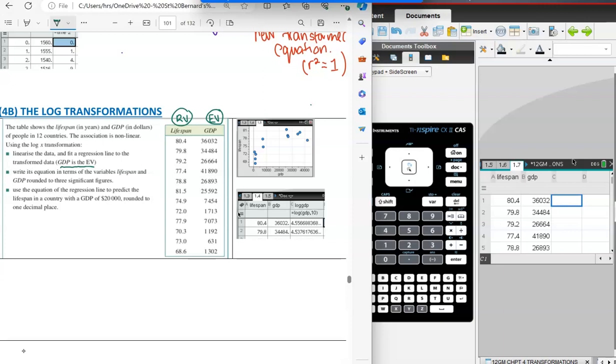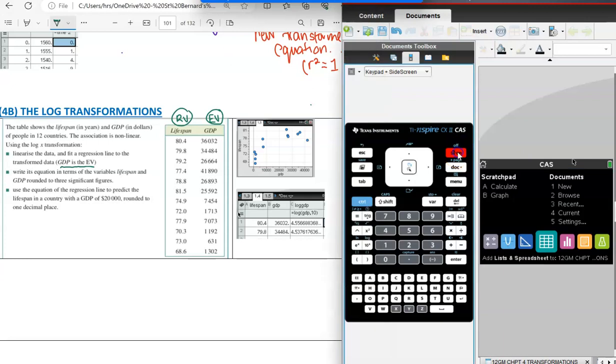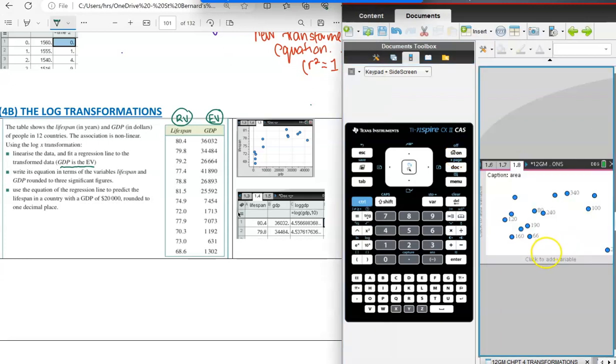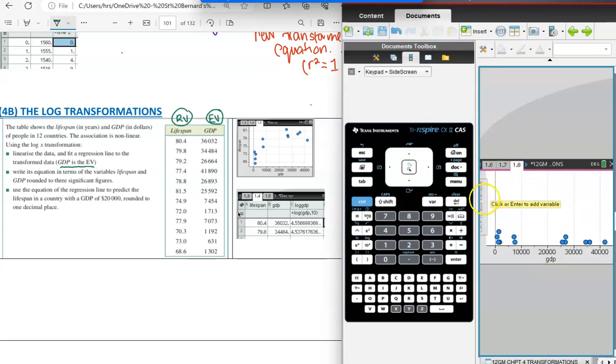Now, let's have a look at what happens if we transform this data. The first thing is you put your original lists in. We've done that, and now we're going to create a scatter plot of the original data. They said GDP was EV and lifespan was RV.